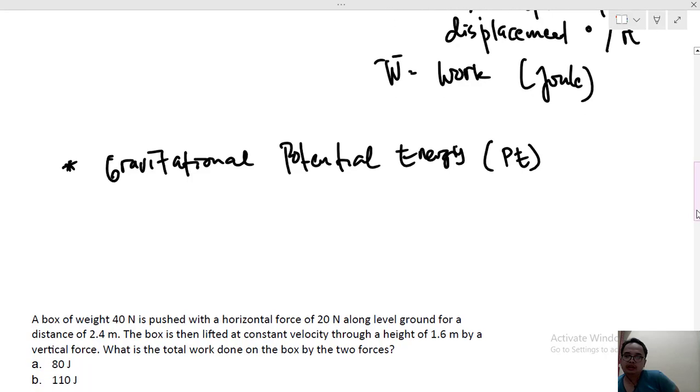What is gravitational potential energy? This is an energy that an object has by its position from the ground.